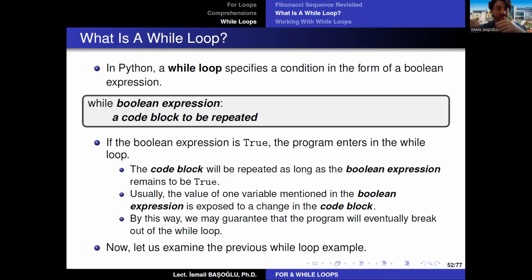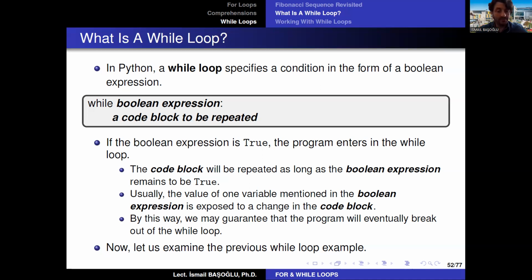However, you need to be careful. The code block at some point must update some objects related to the Boolean expression. Otherwise, the Boolean expression will always remain true and your program will be stuck in this while loop. It will never terminate.